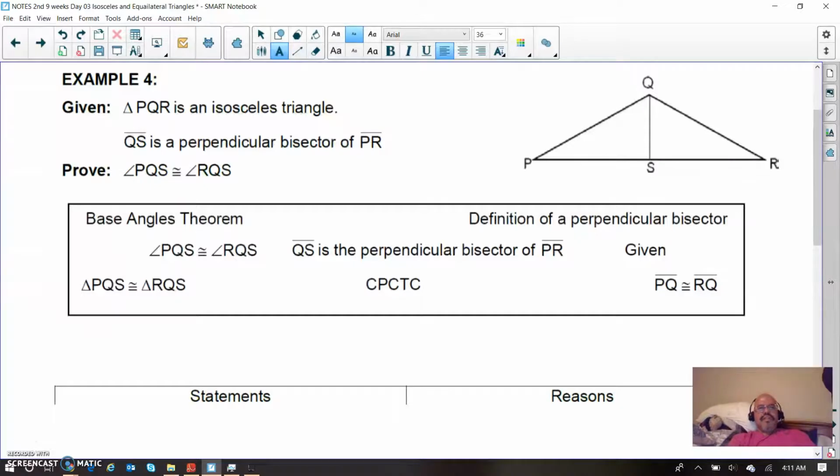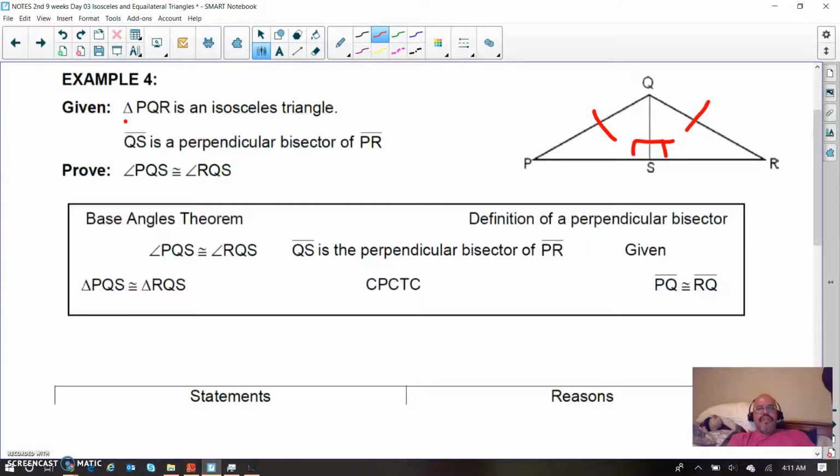So a couple of things that we notice. First off, it says triangle PQR is an isosceles triangle. So this angle and this side are both congruent, because of the definition of isosceles triangles. It also says that QS is a perpendicular bisector of PR. So number one, these two angles are right.